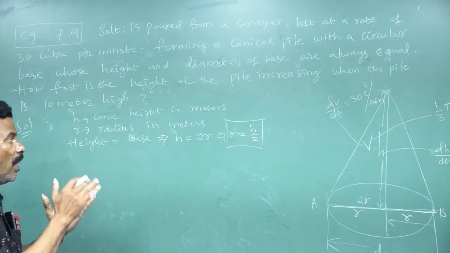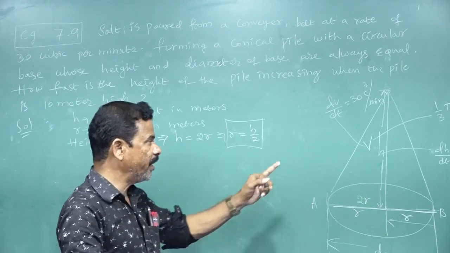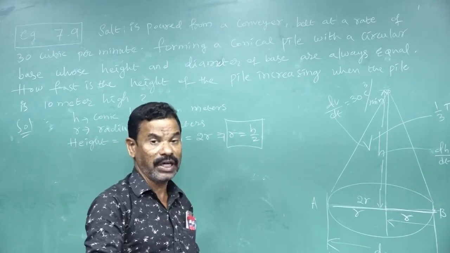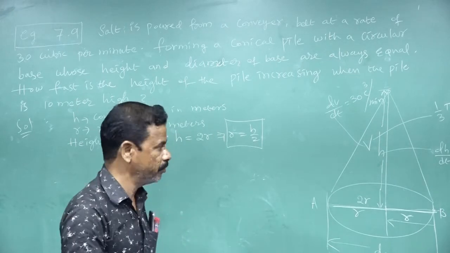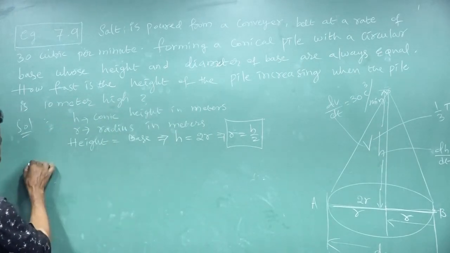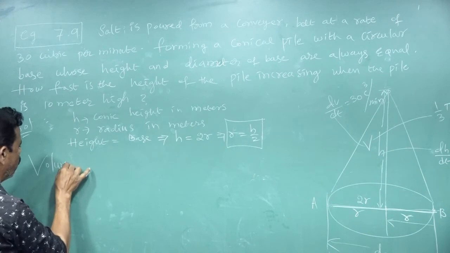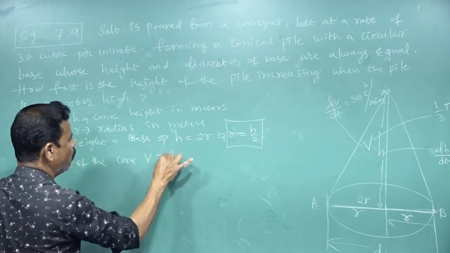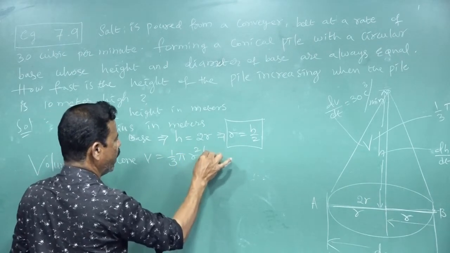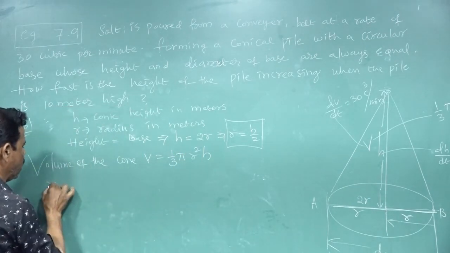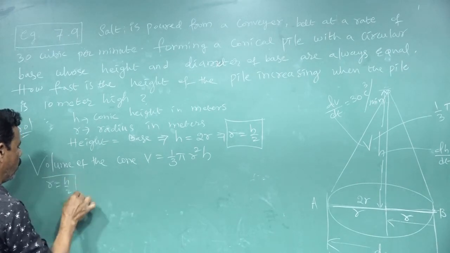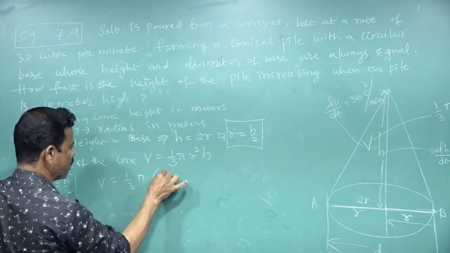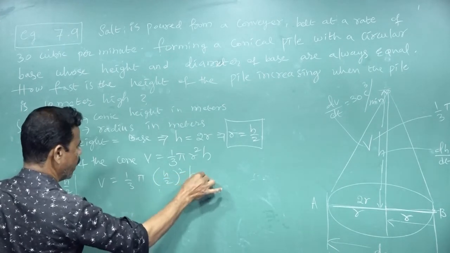Why convert to r equal to h by 2? Because he is asking dh by dt, so we consider the volume in terms of h only. The volume of the cone, V is equal to 1 by 3 pi r square h. Here r is equal to h by 2, converting to h terms: V is equal to 1 by 3 pi (h by 2) whole square into h.